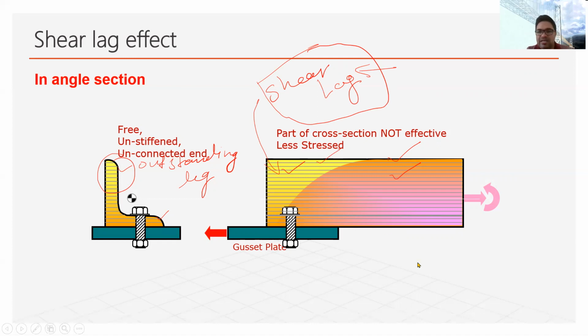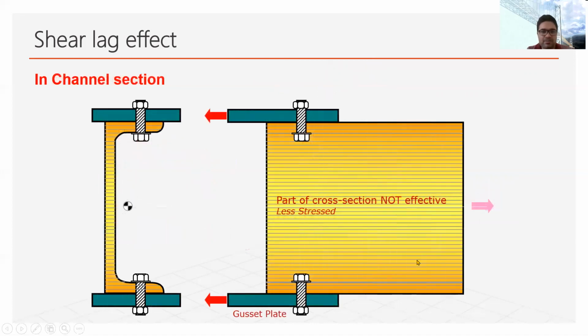The same shear lag effect you can see in the next example also. Say in this case, there is a channel section. One leg of the channel is connected with this plate. The other leg of the channel is connected with this plate, but this leg, this vertical part, is unconnected. So when there is a load like this, when the channel section is stretching, see the animation.